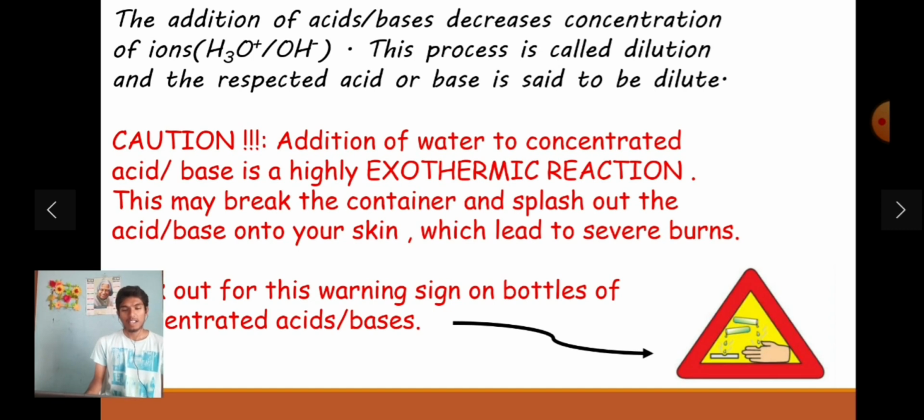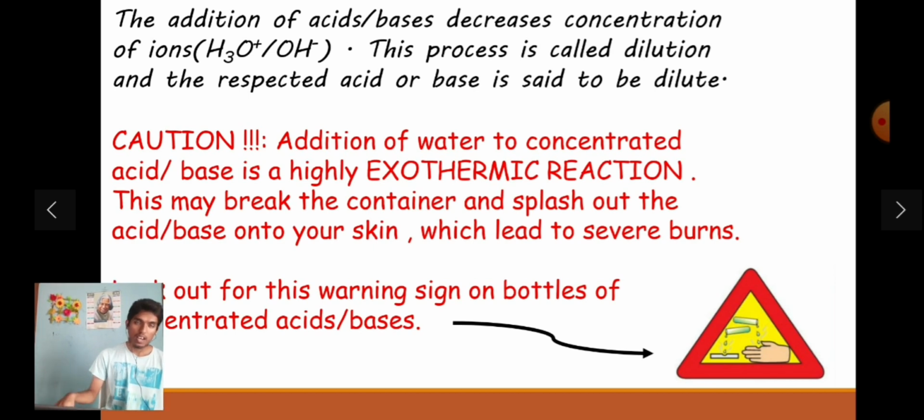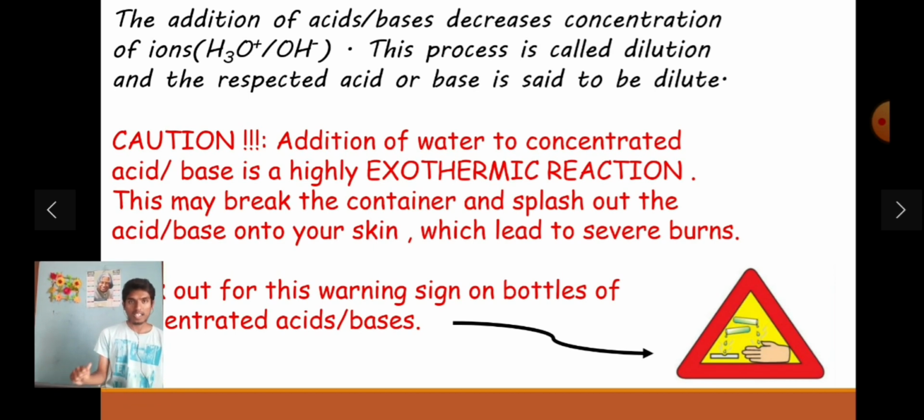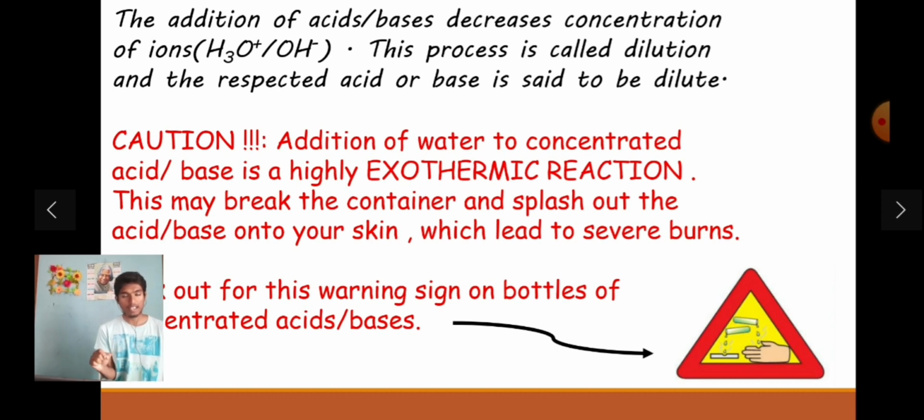Now let us see what this process is called. When we are adding any acid or base to water, what is this process really called? The addition of acids or bases decreases the concentration of ions.